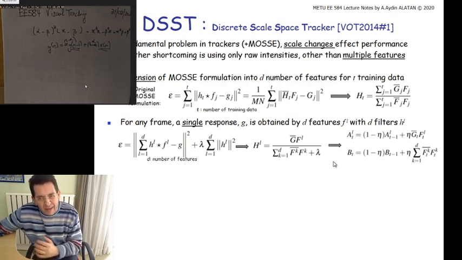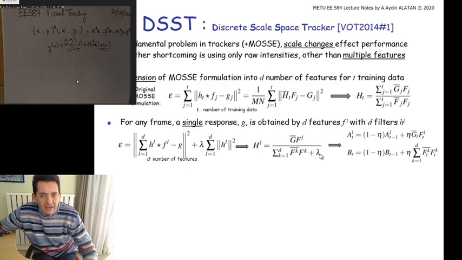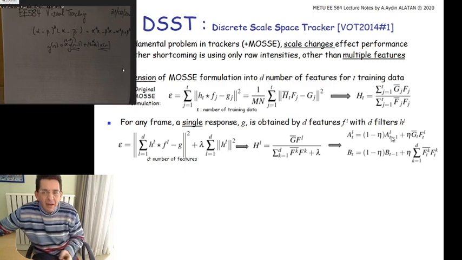Therefore, we understand that regularization works for that purpose as well. Putting a regularization term here, you get rid of unstable dividing-by-zero kinds of problems. And the rest is the same: the previous IIR filter, the numerator, the denominator, the previous value, and the current value, and you obtain the same thing as before.